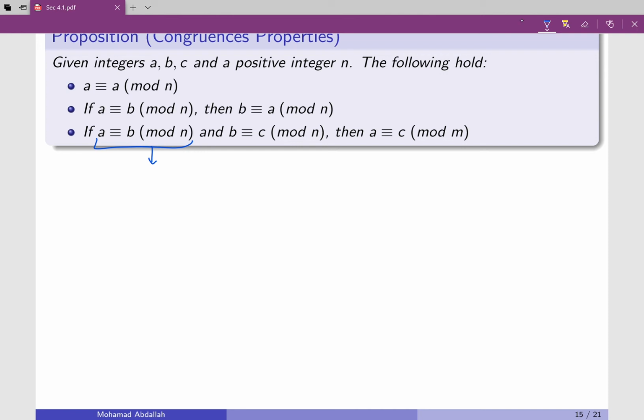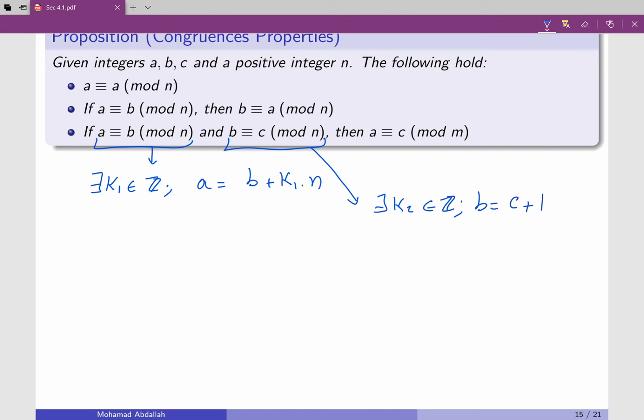This means that there exists k1 in Z such that A equals B plus k1 multiplied by n. This means there exists k2 in Z such that B equals C plus k2 n.